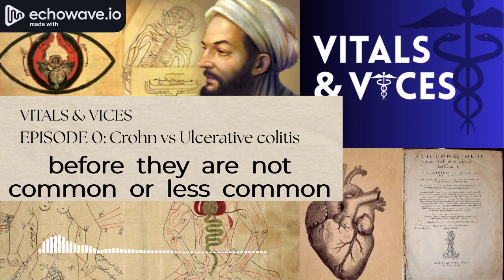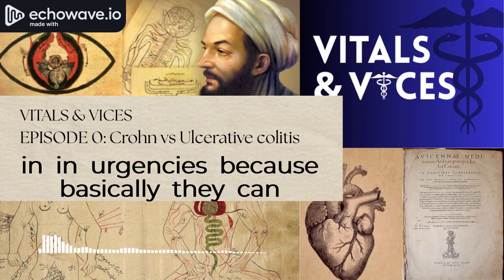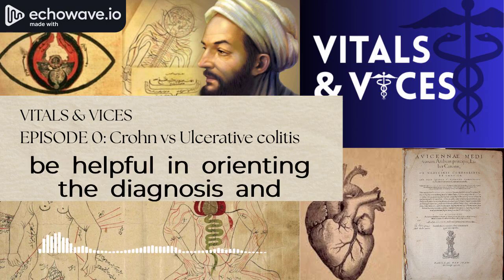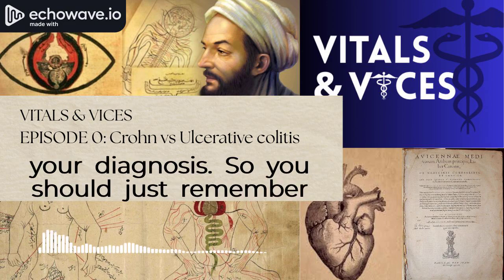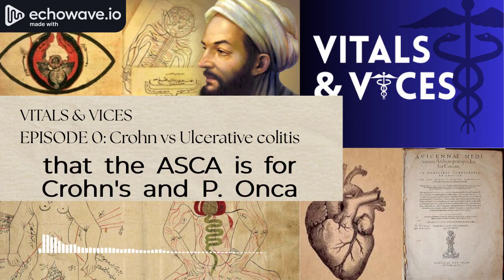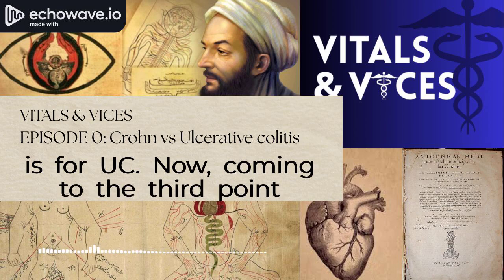As we discussed before, they are less common in urgencies, because basically they can be helpful in orienting the diagnosis and not in fully confirming your diagnosis. So you should just remember that the ASCA is for Crohn's and P-ANCA is for UC.